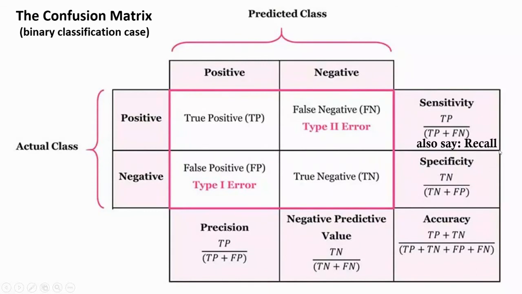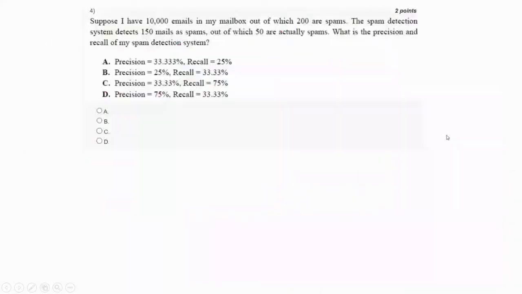Right? So, your TP plus FN is given as 200. And how many could it detect? 50. So what is your recall? 0.25. That is 1 by 4, which is 50 by 200, or 1 by 4, or 25%.